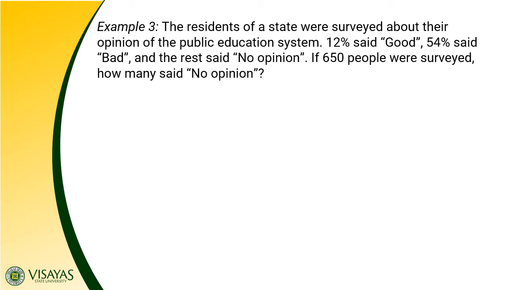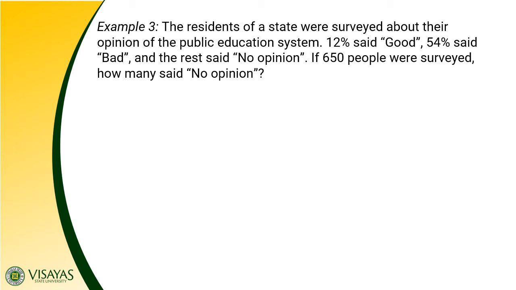Okay, so it says the residents of a state were surveyed about their opinion of the public education system. 12% said good, 54% said bad, and the rest said no opinion. If 650 people were surveyed, how many said no opinion? Okay?